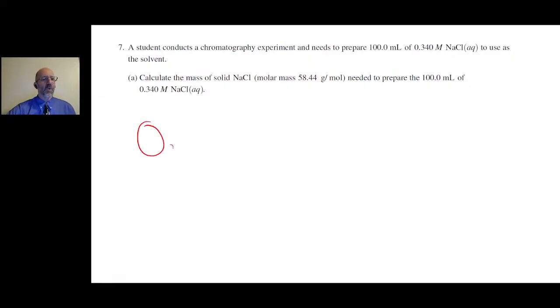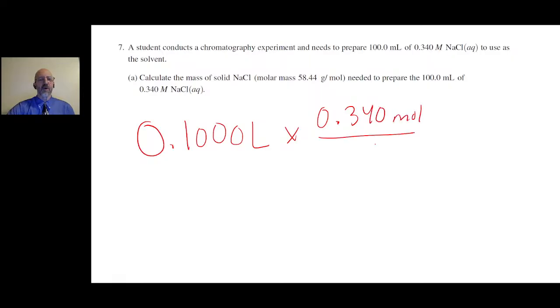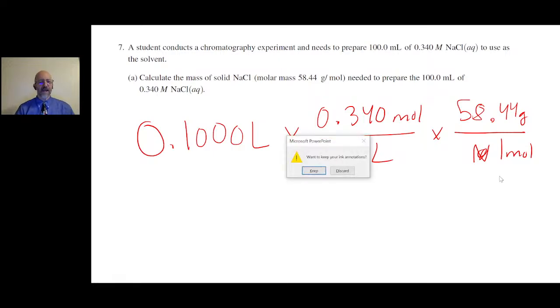So that would be 0.1 liters times 0.340 moles per liter, and then times, let's see if I can do this math in my head, I think it's around 58.44 grams for every 1 mole. So that's pretty straightforward. Let's go see if that was the setup for part A.